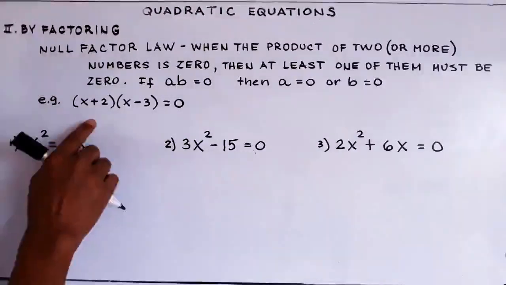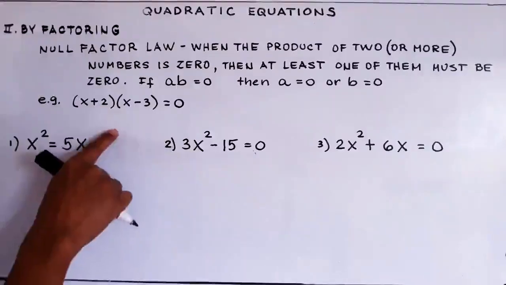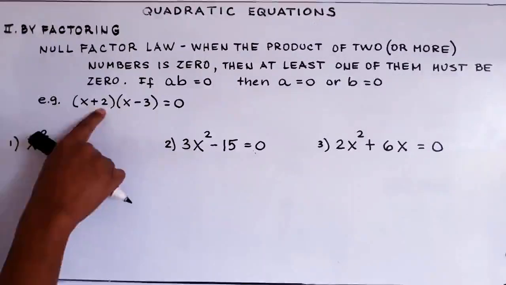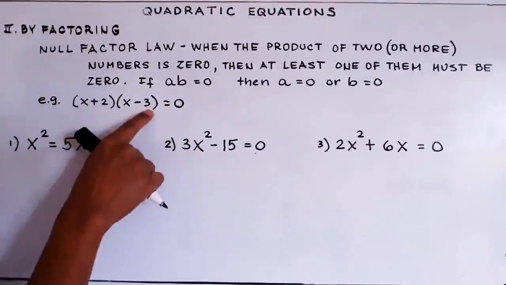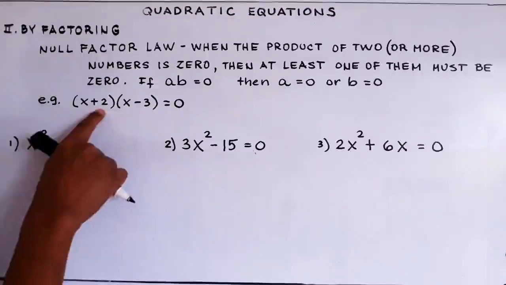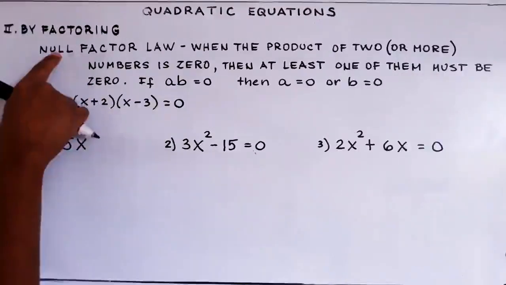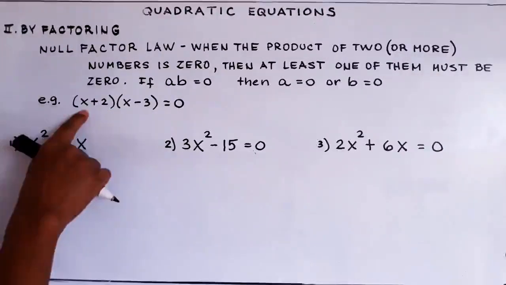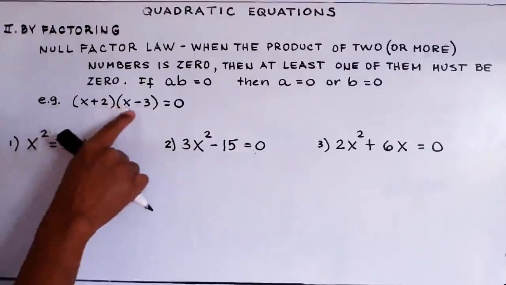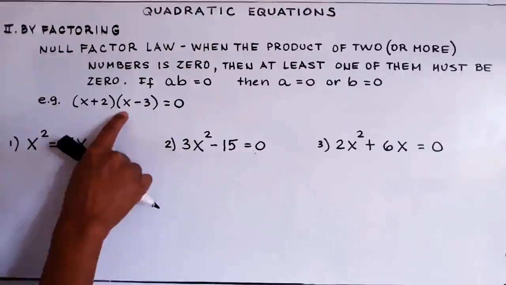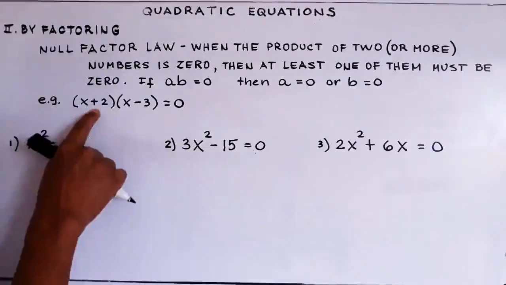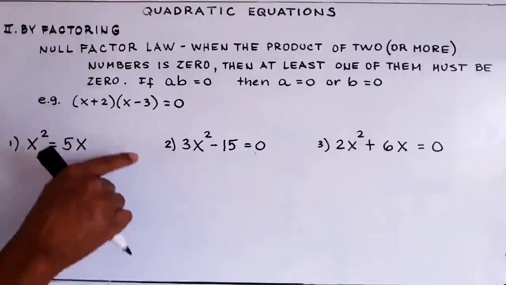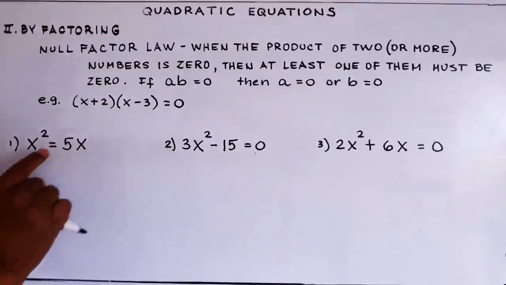For example, we have factored our quadratic equation into this form: x plus 2 times x minus 3. So we have two factors. According to the null factor law, this must be 0 or this one must be equal to 0, or both of them are equal to 0, to find the solutions of our quadratic equation.